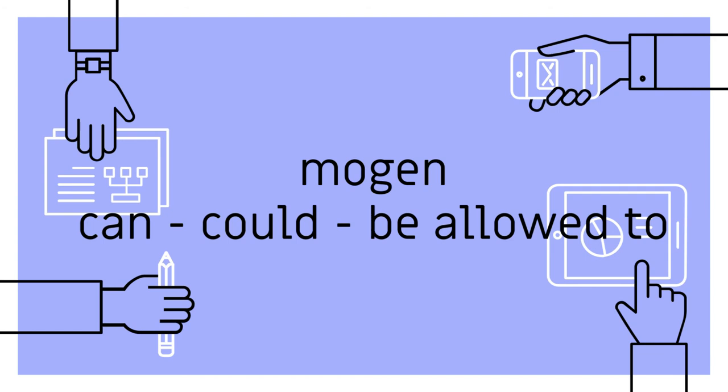So, if you put this in your head, kunnen, can, could, be able to, mogen, can, could, be allowed to, then you are nearly there. Plus verb. And make sure you learn the differences between the present kunnen and the past konden, the present mogen and the past mochten, and the questions.